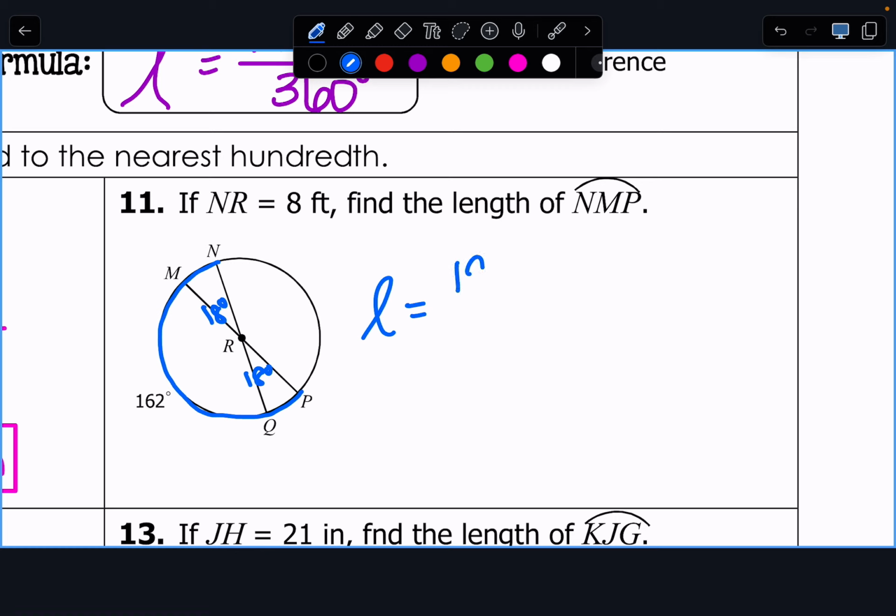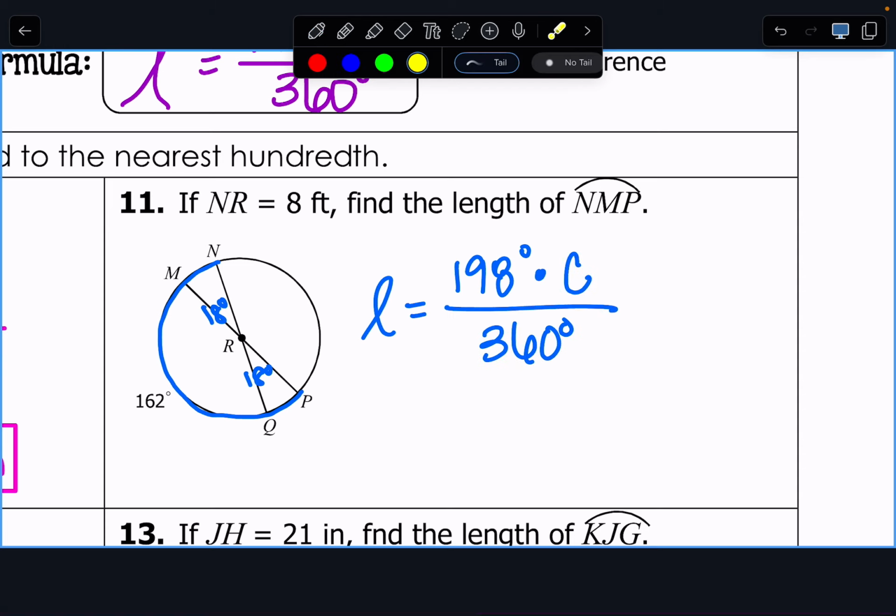So we have 198 times our circumference over 360. So here's that fraction. But we know that circumference is 2 pi r.